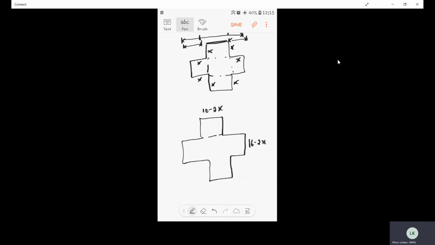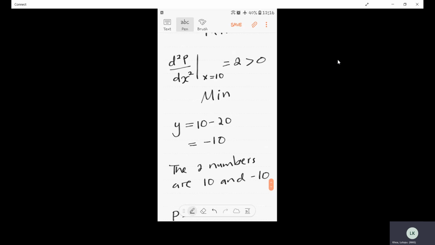And then the bottom of your box over there, this side will be 16 minus 2x, this side is 10 minus 2x, and then the height of the box will be x, because that's the part you cut up. So this side is going to come up and be the walls of your box. So try and visualize that one.